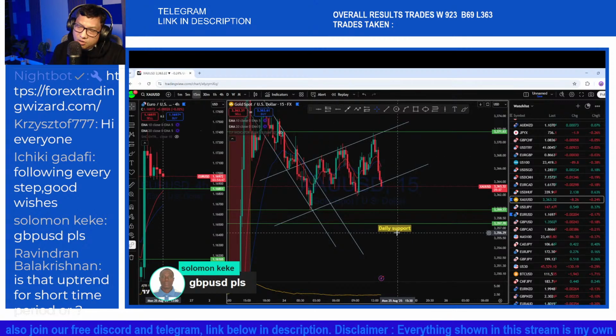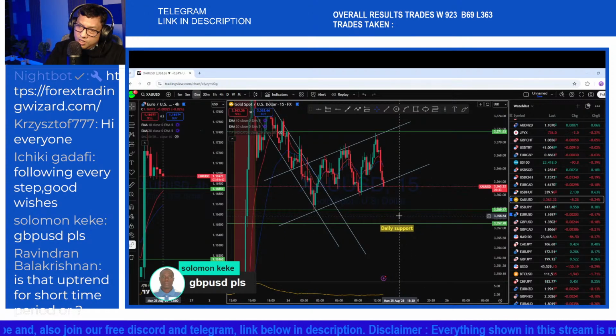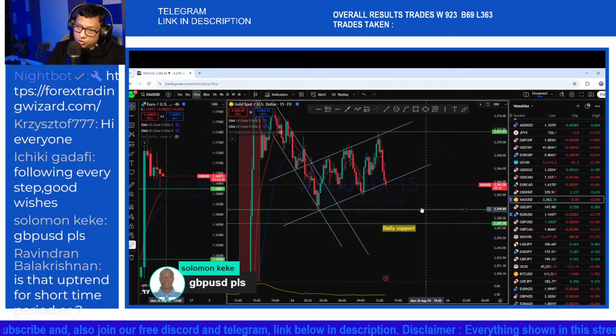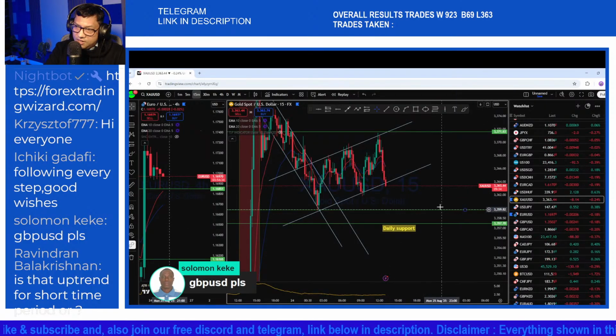Expecting further downside here on gold, where slowly the price is coming to that support level, potentially building the pressure here, and then to revert again back to the upside.